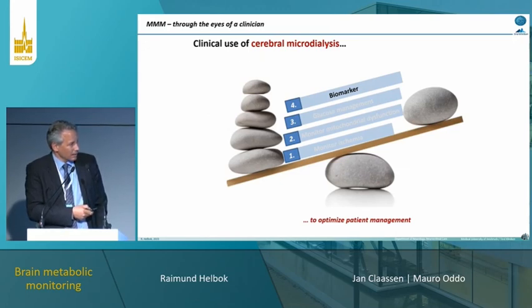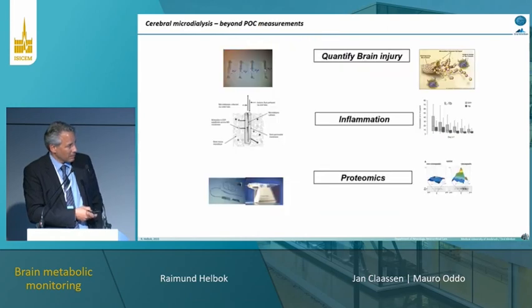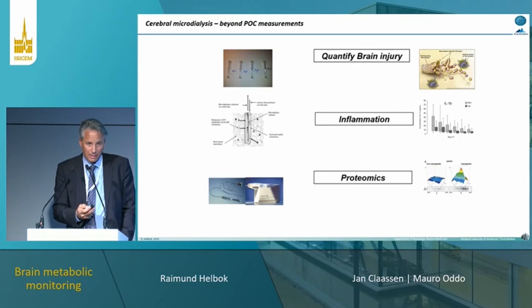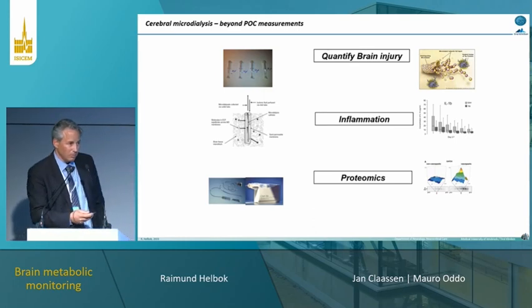In the last minute, I briefly talked about biomarkers, but it was very nicely covered. The only point I want to make is that the brain is different to what we measure in serum or in the blood, and there is the possibility to measure tau protein also in the brain, in the microdialysis. We can measure markers of neuroinflammation.